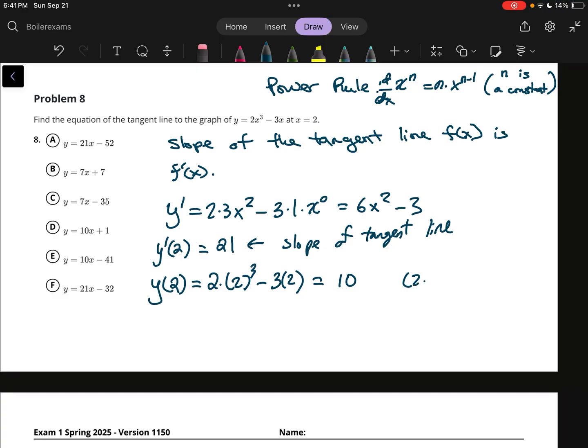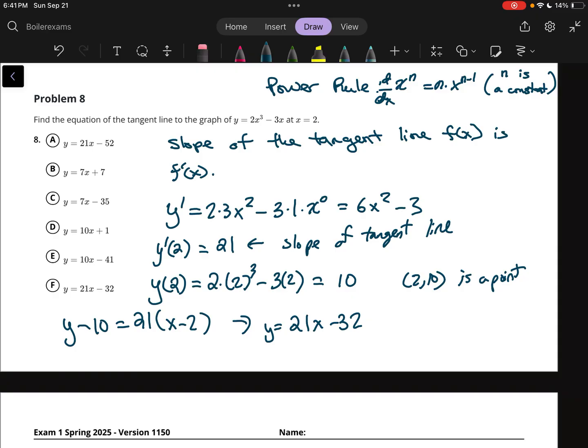So (2, 10) is a point. So if I use point-slope form, I get y minus 10 equals 21 times x minus 2, which gives me y equals 21x minus 32. So our answer is F.